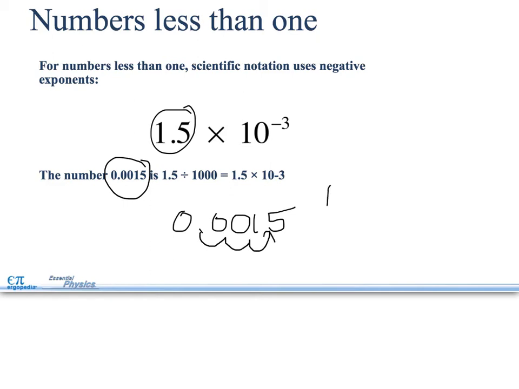That's what gave me the 1.5. Or it took 1.5 and divided by 1,000 like they did right here. Since I moved 3 spots, that's where the 10 to the negative third comes in. Since we know it's very small, it's a negative exponent, since we were moving the decimal point to the right.